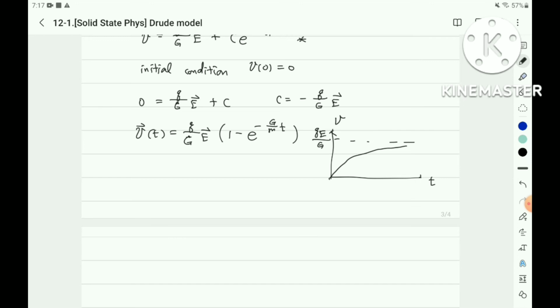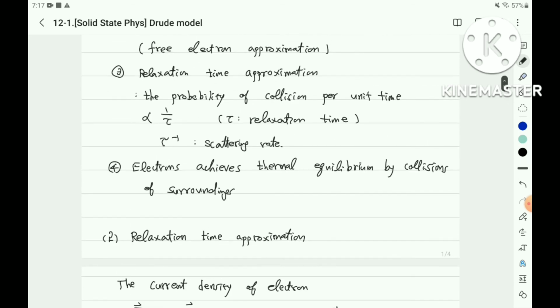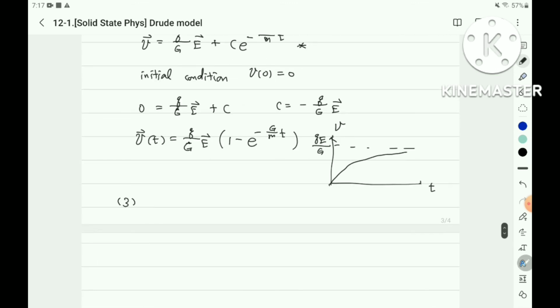And also here, let's calculate the electrical conductivity. In the third case, electrical conductivity. Here it is the DC conductivity.